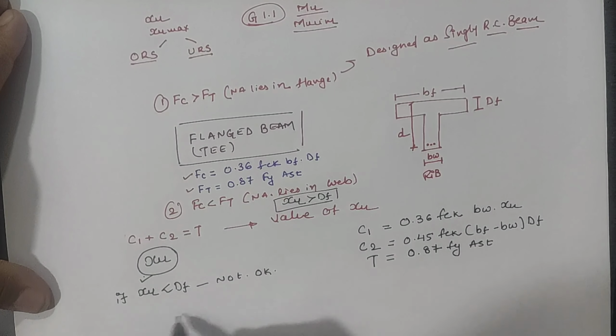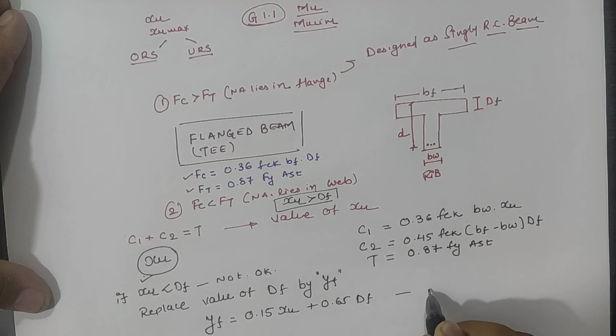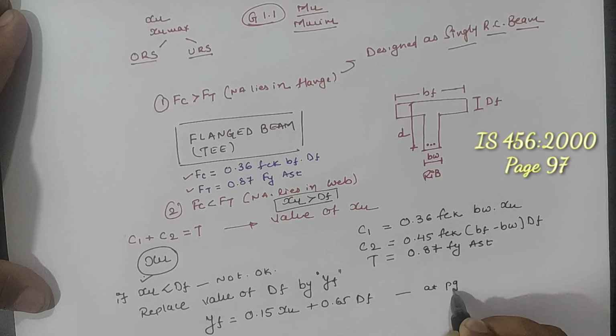So in such a case, we have to replace the value of DF by YF, where YF can be calculated by the equation 0.15 XU plus 0.65 DF, which is given at page number 97.